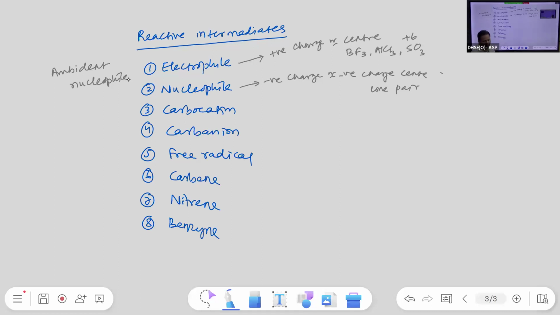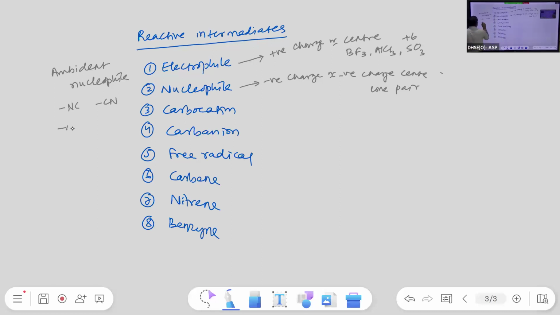If we have any nucleophile in which the negative charge center can reside with either of the atoms, like CN, NC. So negative charge can reside with carbon or nitrogen.